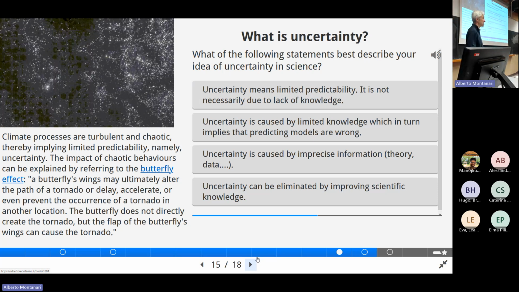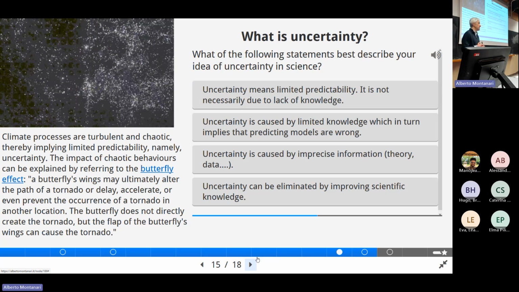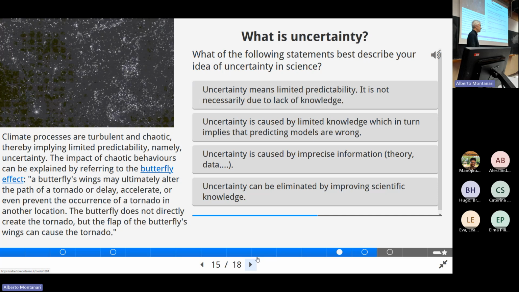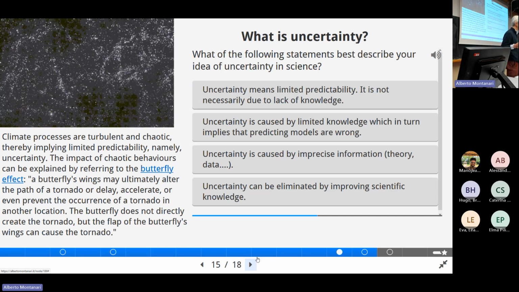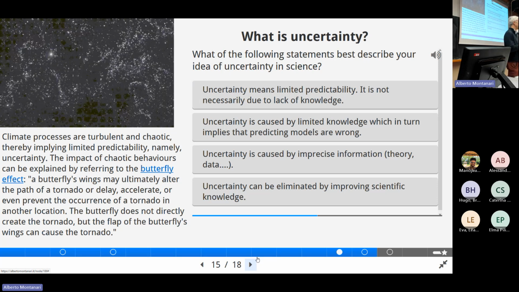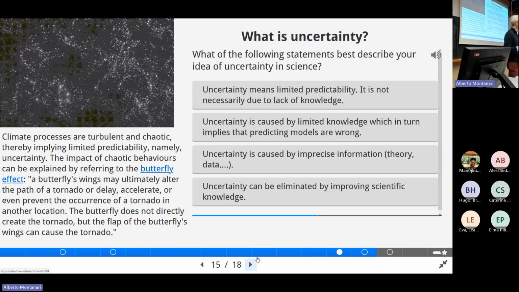There are some processes that we know perfectly. We could describe them perfectly with a numerical model, but they are uncertain. And the classical example is tossing a coin. Everything is known there. The physics is perfectly known. The theory is perfectly known. But we cannot make any prediction of the outcome from tossing a coin.